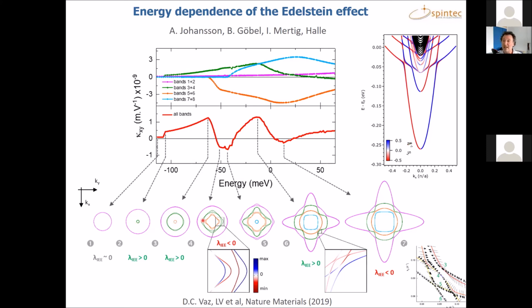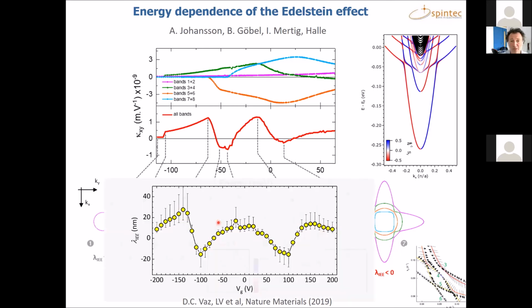And as those contours have opposite chiralities, when a new contour enters into play, you will change the sign of the conversion. And you will also go through some maxima where you have the anti-crossing appearing, because you have enhancement of the spin orbit in that case. So several Fermi contours of several chiralities lead to this sign change and also those maxima in the conversion.